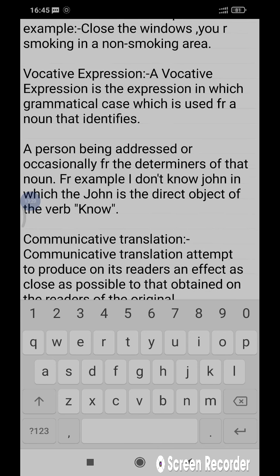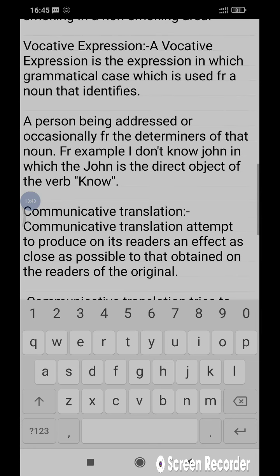So when we try to address a person, a name, a place or a thing, when we address someone or something by name, it is called the vocative expression.